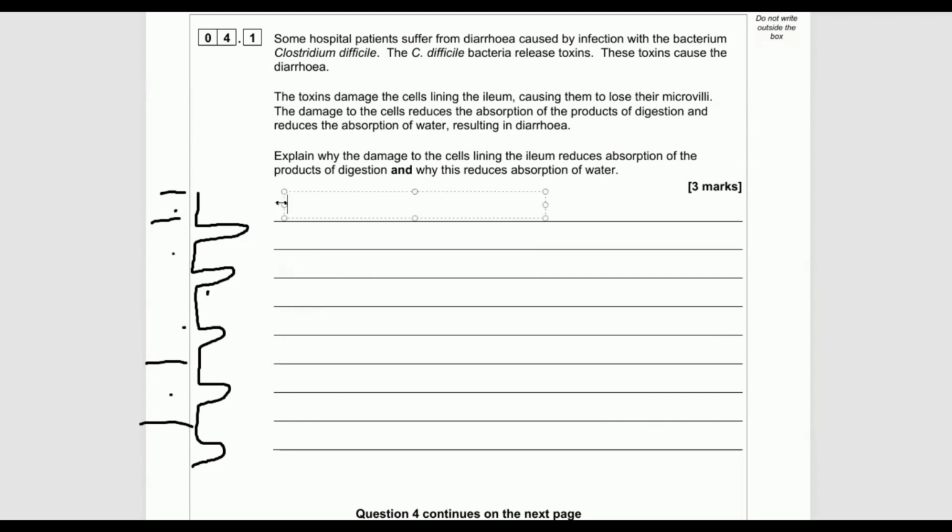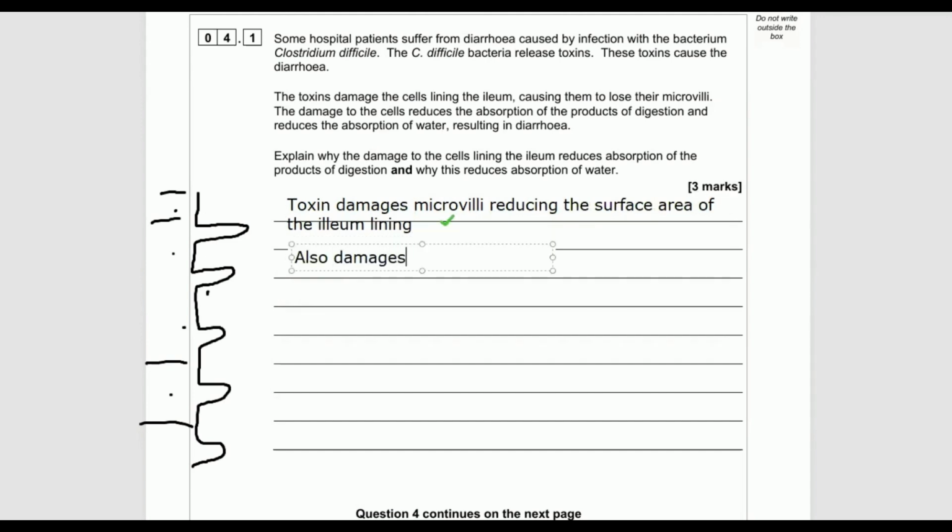How's that going to affect the functioning of the small intestine? And of course, the toxin damages the microvilli and reduces the surface area. And there's your first mark. So the surface area is reduced by damage.